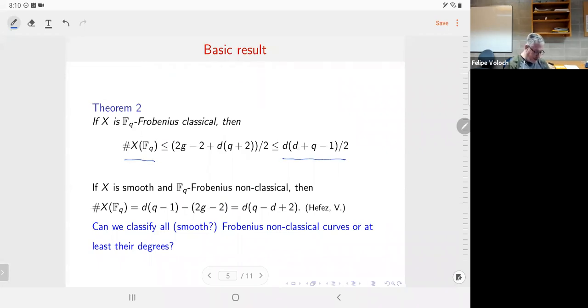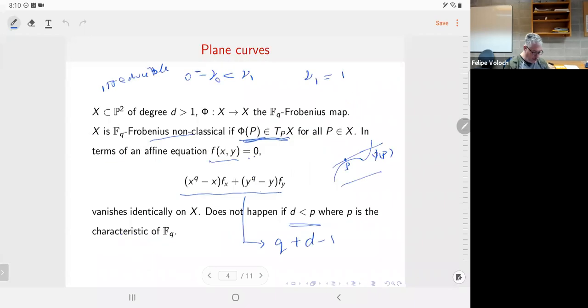And then I have to explain what's happening. This numerator here is what you get from Bezout, the total intersection between those two equations, f and the other equation derived from f, which has this degree.